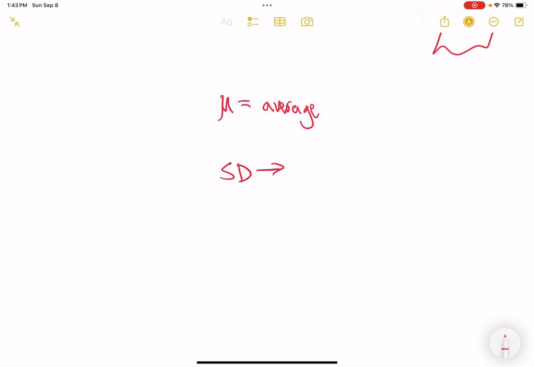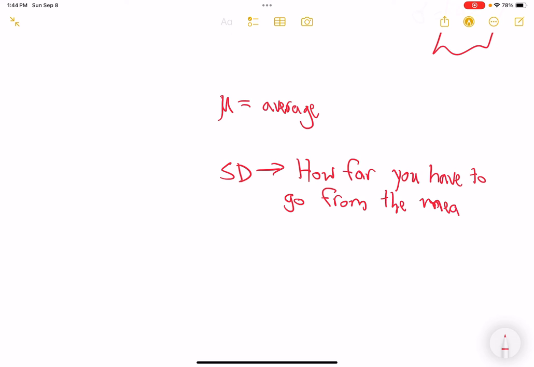Well, I'm going to give you a verbal explanation of this that's really important. Remember we talked about in class the fact that the standard deviation is how far you have to go from the mean to get a certain percent of values in terms of like the actual number of values, right?